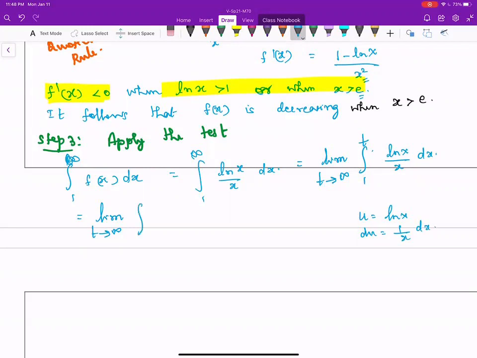So ln of x over x can be written as ln x times 1 over x, that is u times 1 over x dx, which will be equal to du.